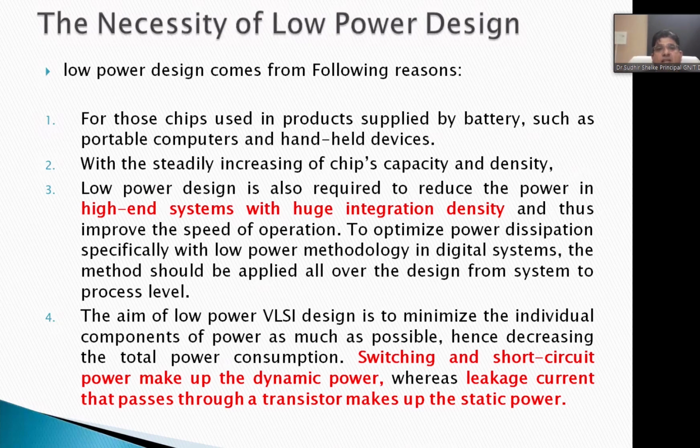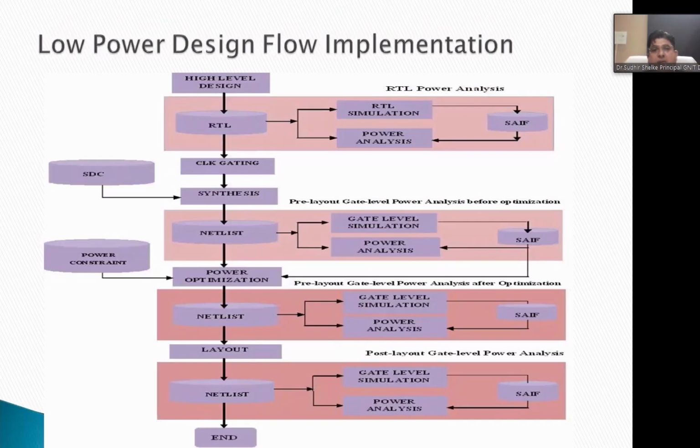This is the low power design flow implementation, the flow which I have implemented for reducing dynamic and leakage power. The high level design is nothing but the code which we write in the editor, and that high level design is converted into RTL. This flow shows RTL power analysis, pre-layout gate level power analysis before optimization, pre-layout gate level power analysis after optimization, and post-layout gate level power optimization.